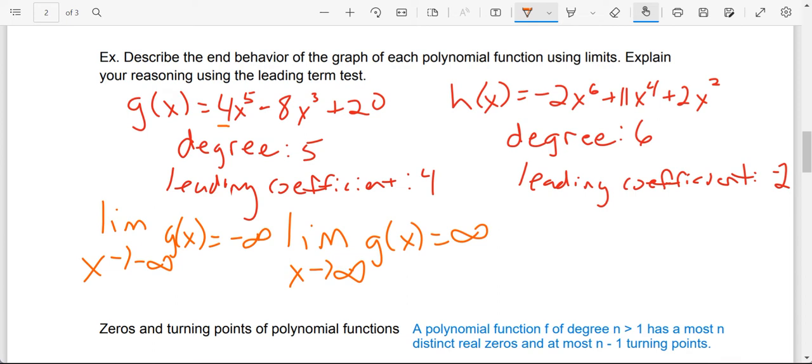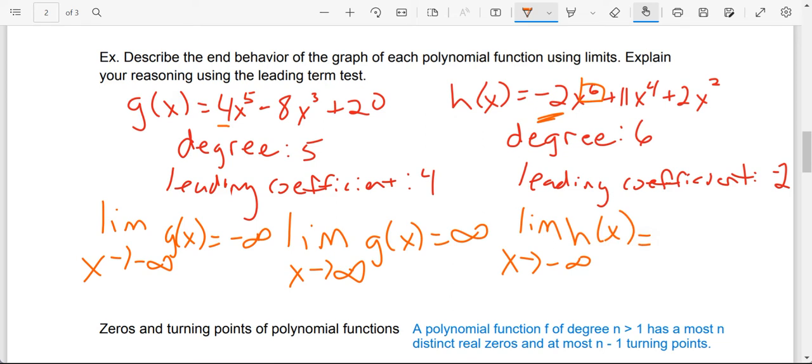Let's go to the other one. We have this h of x function right here. h of x is equal to negative 2x to the 6th plus 11x to the 4th plus 2x squared. Degree 6, leading coefficient negative 2. The 6 there is the highest power. So as x approaches negative infinity, what does h of x do?